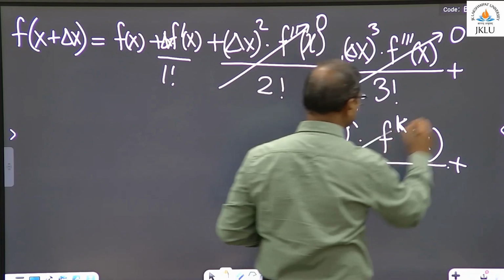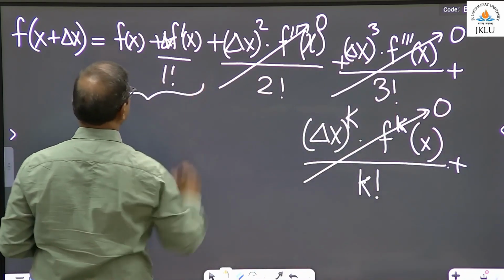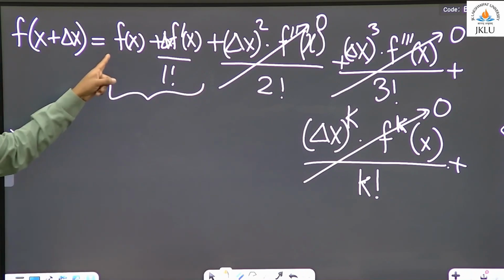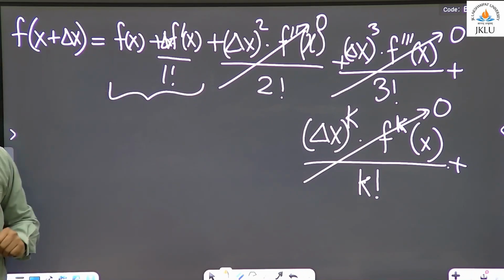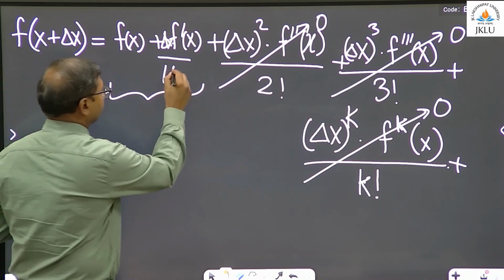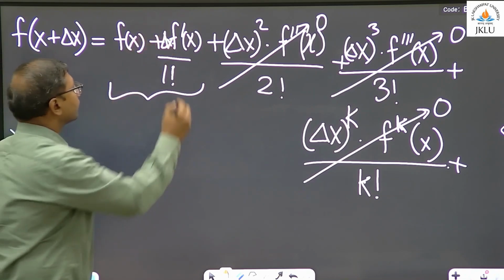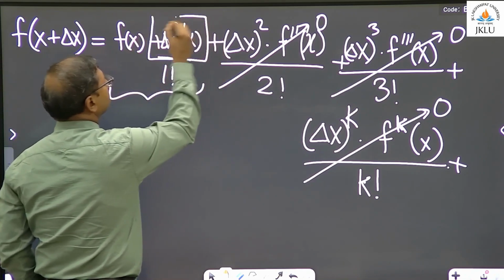So all these terms will be 0 in that case. What you are left with is this. Can somebody do me a favor? Check whether this is fx or not. Just look online. It is fx, right? So this is what we have. Now, how is this particular term helping us?